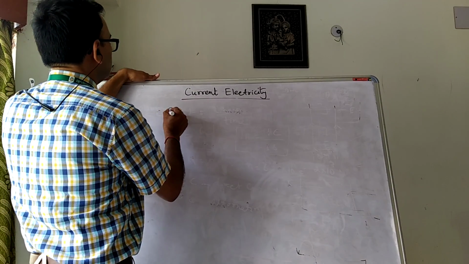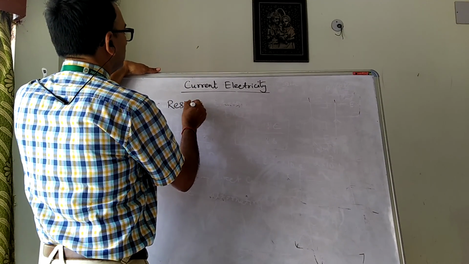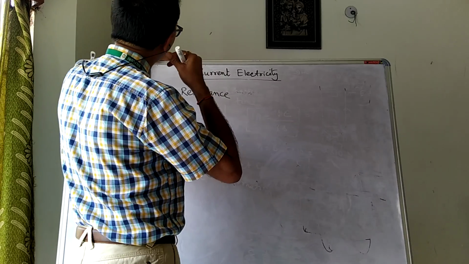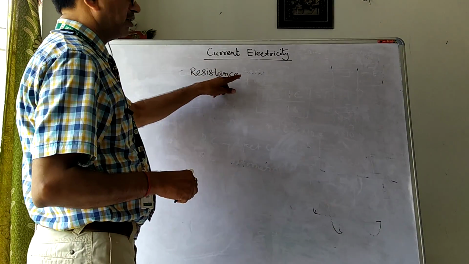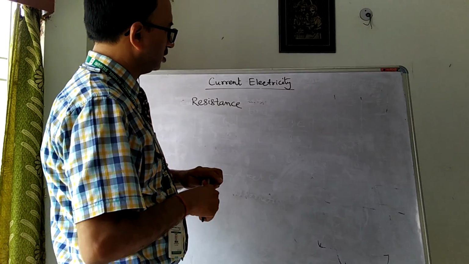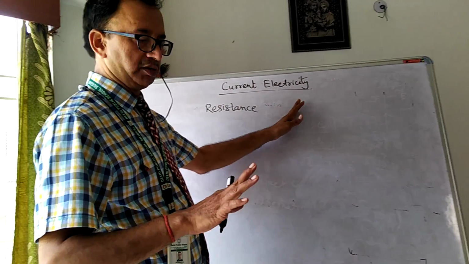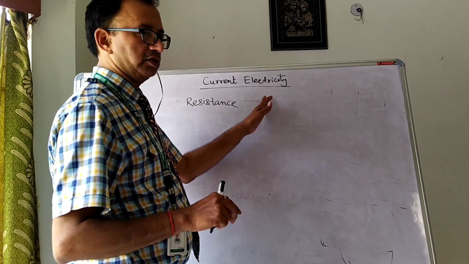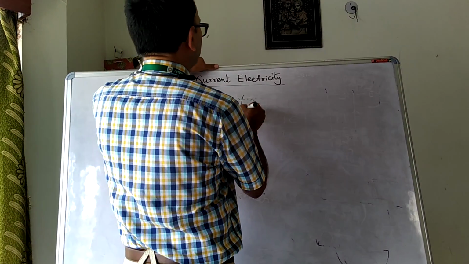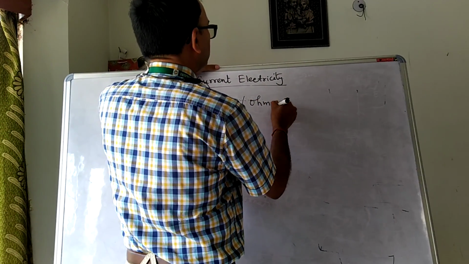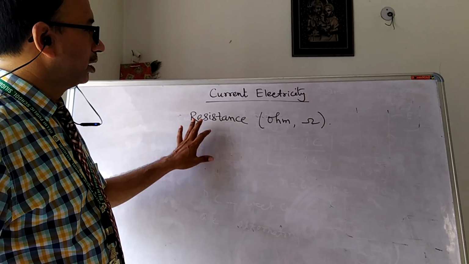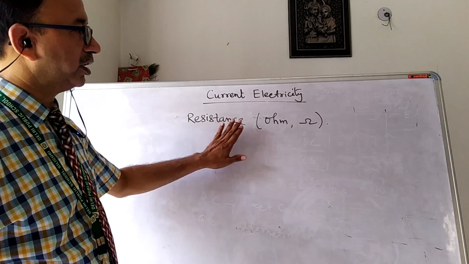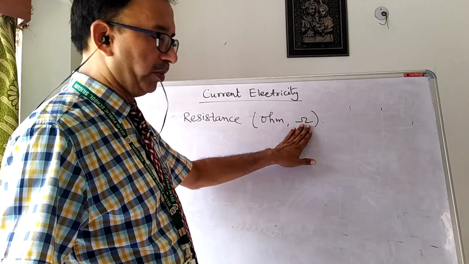Now what is resistance? The obstruction or hindrance offered to the flow of electrons in a conductor is called resistance. It is measured in ohm, denoted by omega.